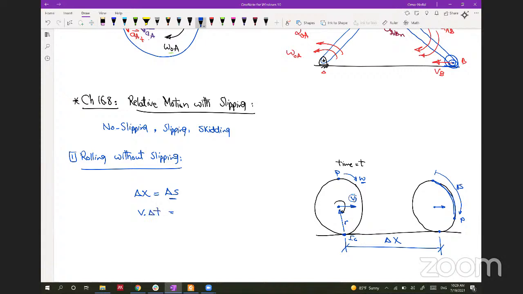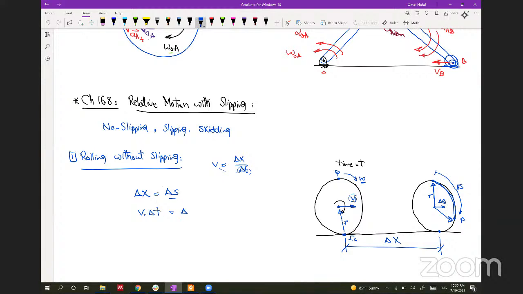And as we know that v is equal to delta x over delta t, I just multiply delta t by v. And if I want to get delta s, if I know the theta from here to here, delta theta, I multiply delta theta by r and I will be able to get s.